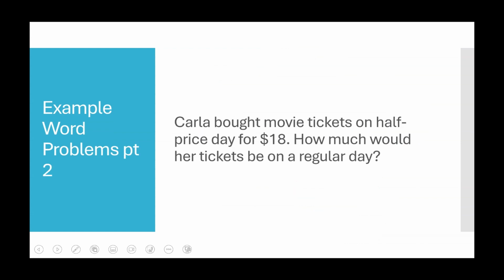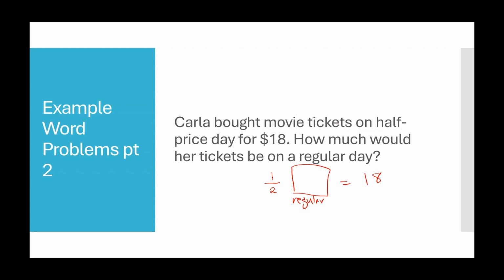All right, now we have one we have to actually solve. Carla bought movie tickets on half price day for $18. How much would they have been on a regular day? So half price of the regular day is $18. You probably know all the way, like right now in your head, how much it is. But in case you don't, if half of something is 18, what's the whole thing?